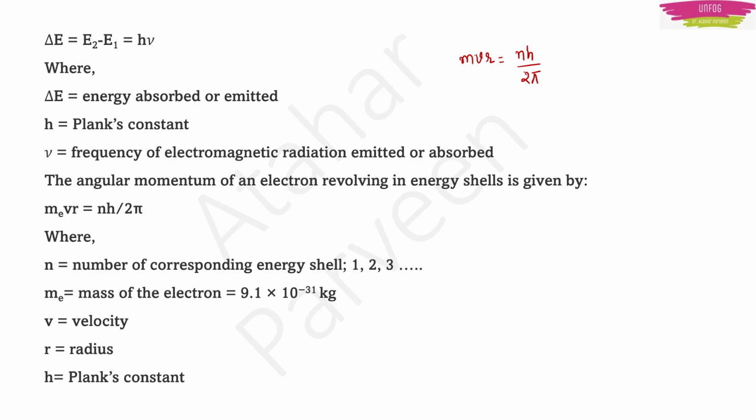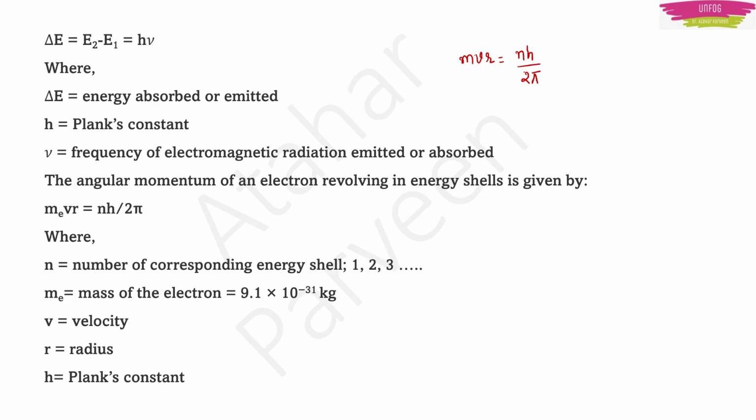These are those for which the orbital angular momentum of the electron is always an integral multiple of h by 2 pi, meaning orbital angular momentum is equal to nh by 2 pi, where n is 1, 2, 3, 4 and so on. It cannot be 1.5 or 2.5.